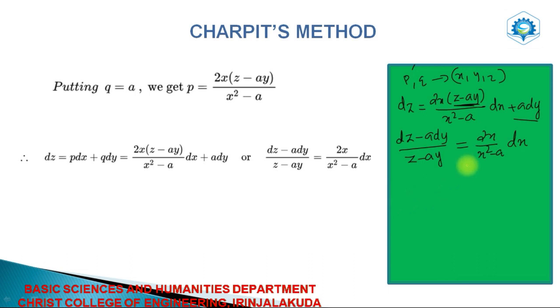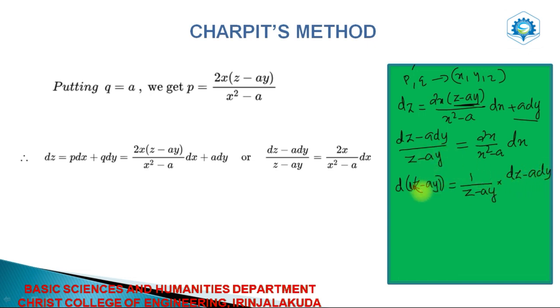Now right side is quite simply the derivative of log of x square minus a, so we can simply integrate that one. What about this one? If we find the derivative of log z minus ay, what we get? The derivative of log is 1 by, so 1 by z minus ay into derivative of z is dz and a into derivative of y is dy.